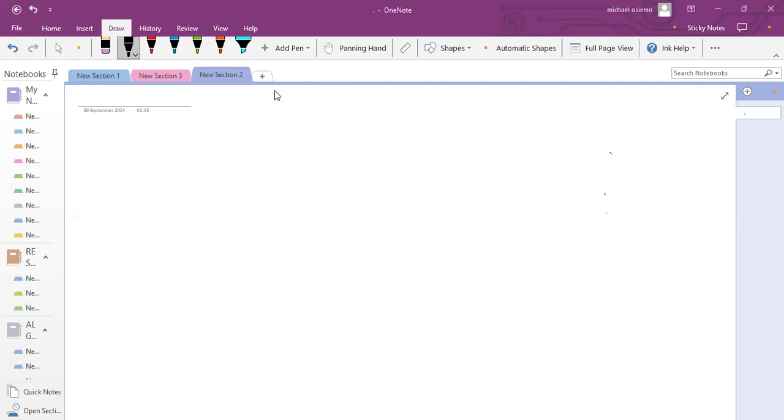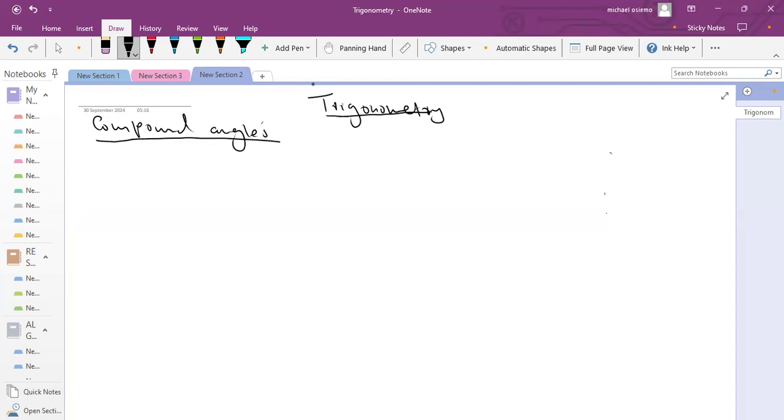So good morning once again. In our previous class of trigonometry, we covered compound angles, and in these compound angles, we stated the compound angle formulas.